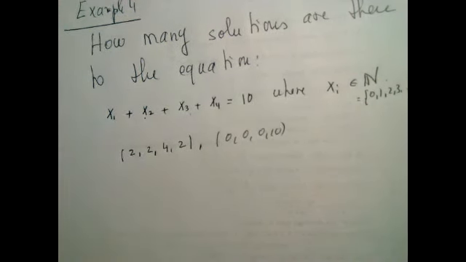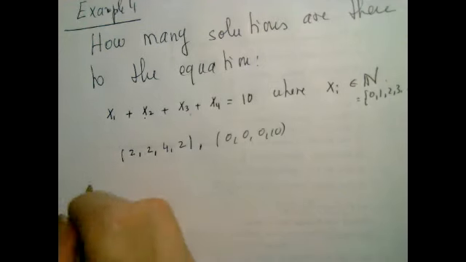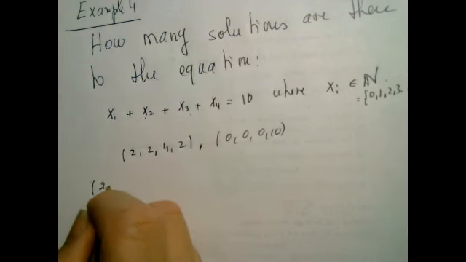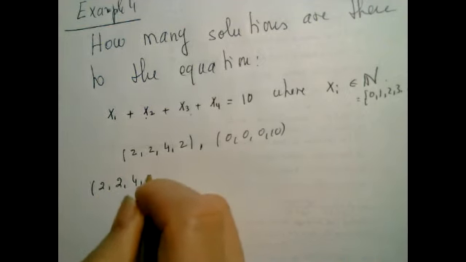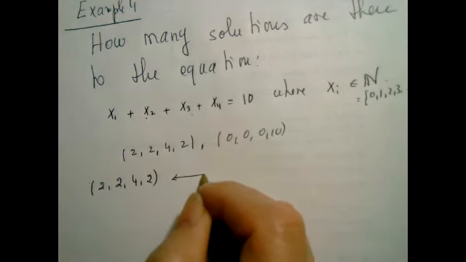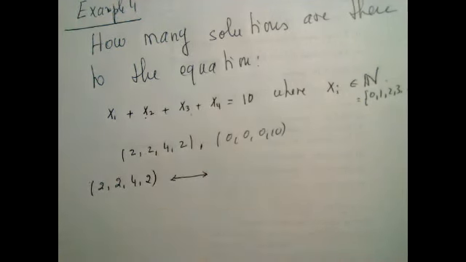Okay, we're going to think along the same lines. I'm going to take this solution, 2, 2, 4, 2, and I'm going to ask you to assign to it some kind of string that can represent the solution. What would your string be like?